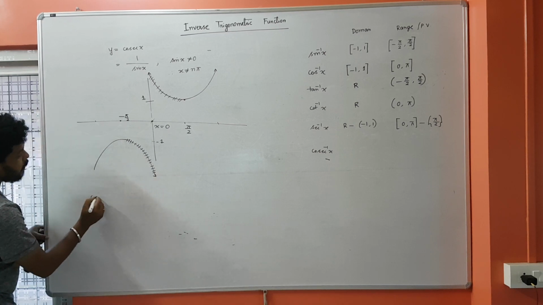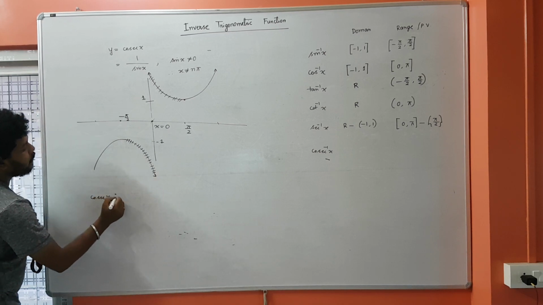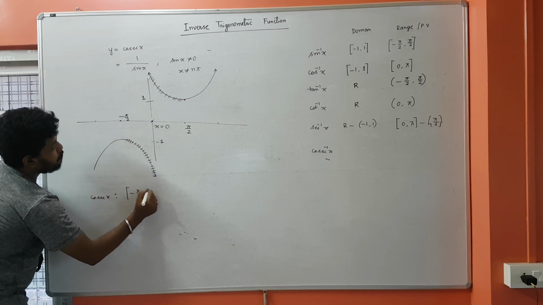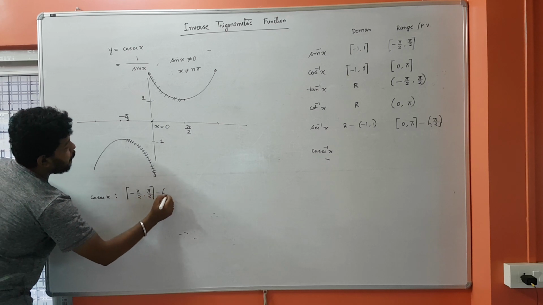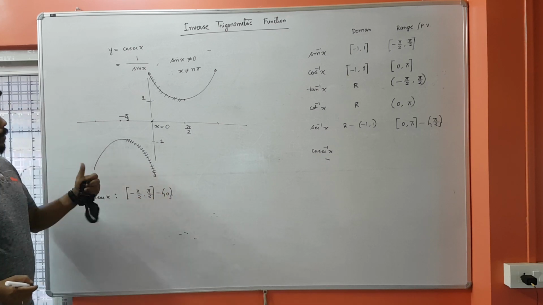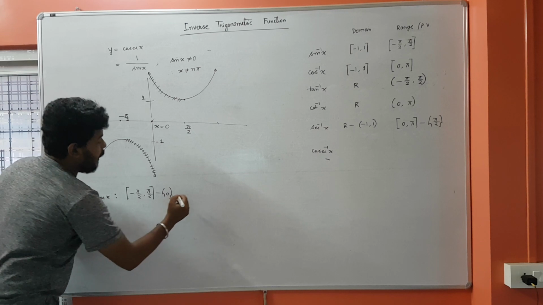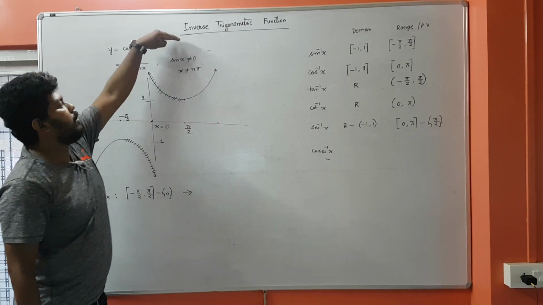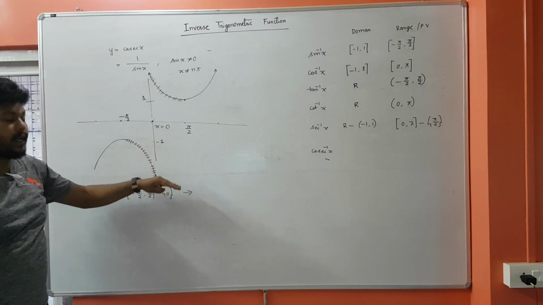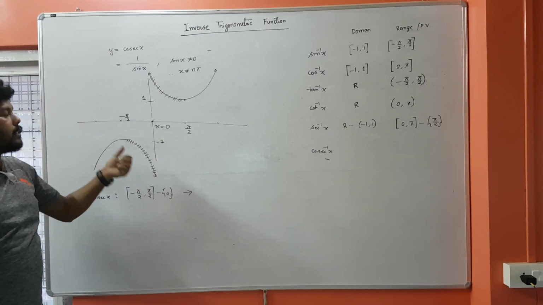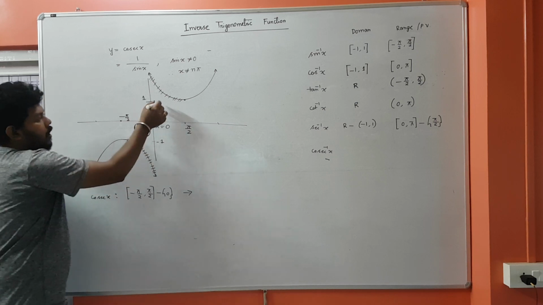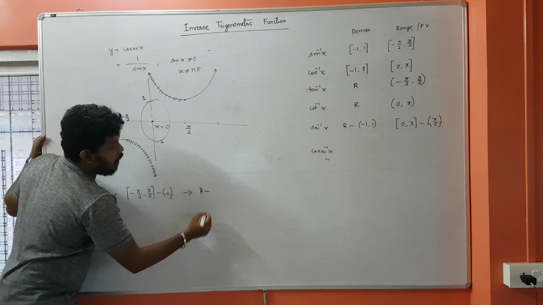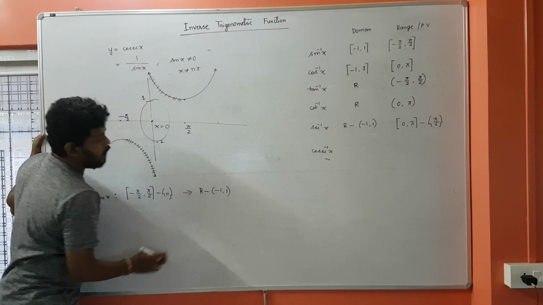Therefore, cosec x from minus π/2 to plus π/2 except 0 is a 1-1 function having a range. Again, the range of cosec x will be from 1 to infinity and minus 1 to minus infinity. That is, cosec x has no value in the interval minus 1 to plus 1. Therefore, the range will be R minus (-1, 1).